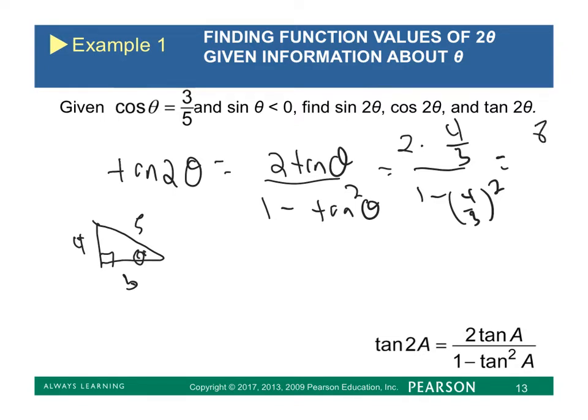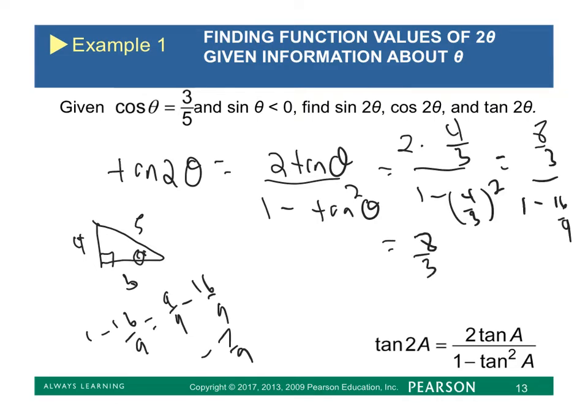That's 8/3 over 1 minus 16/9. Well, that doesn't look much fun. 1 minus 16/9 is the same as 9/9 minus 16/9. That's a negative 7/9. So that really gives me 8/3 divided by a negative 7/9, which is negative 8/3 times the reciprocal.